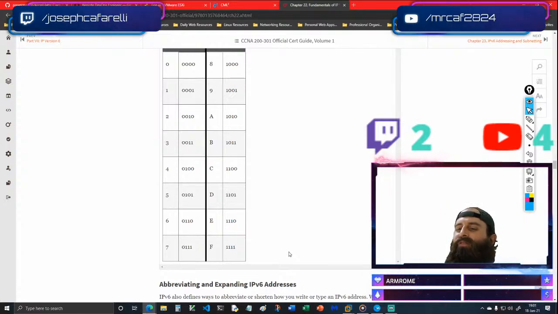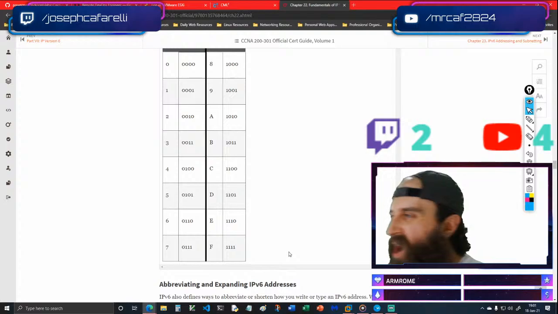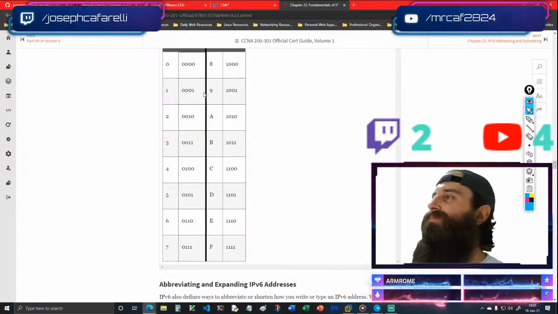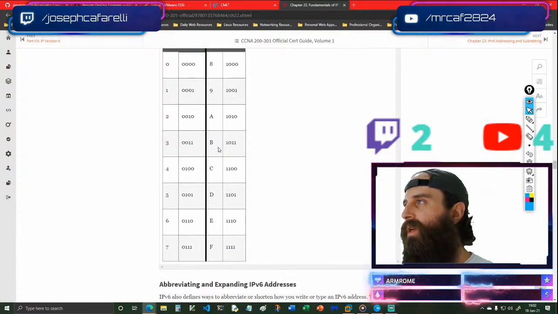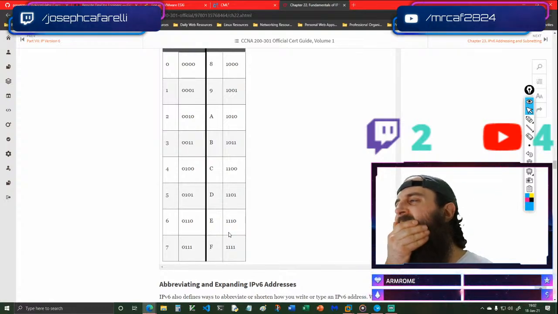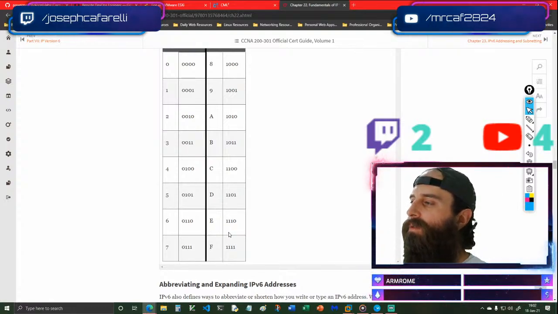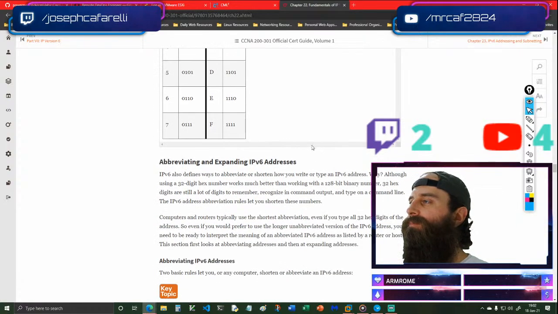So when we see F, that's representing 15 right there. After 9, so A is 10, B is 11, C is 12, D is 13, E is 14, F is 15. Makes sense.